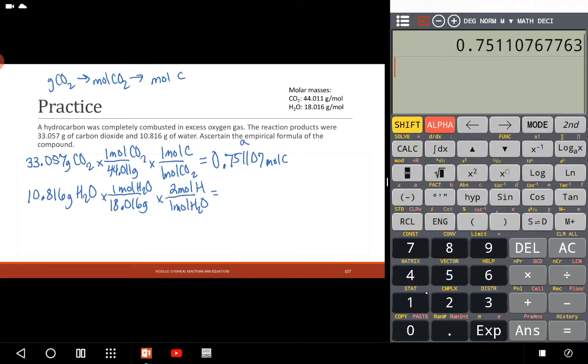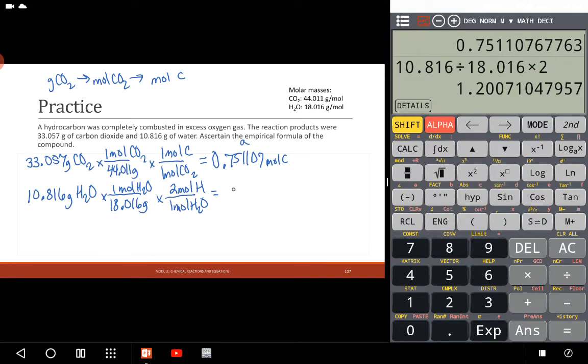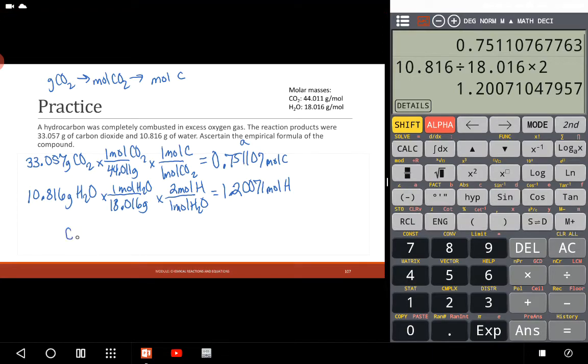Remind myself. All right, now we got the 10.816 divided by 18.016 times 2, and that is 1.20071 moles of H. And so now I can store that number as B. So I can write out my tentative chemical formula where I have 0.751107 carbons and 1.20071 moles of hydrogen.